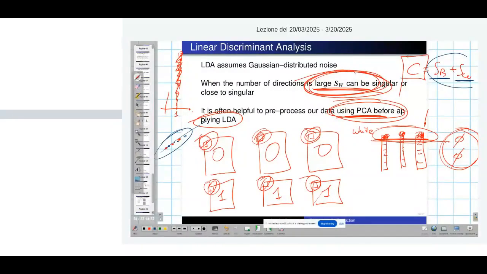So for example, all pictures of the seaside are exactly blue. All pictures of the countryside are exactly green. Now, this is not true in general, but you can imagine that the variability of the color of pictures of green is maybe small. The variability inside the pictures of blue is small. You can imagine that if this is very small, but the classes have very different values, then that's an interesting direction to keep.